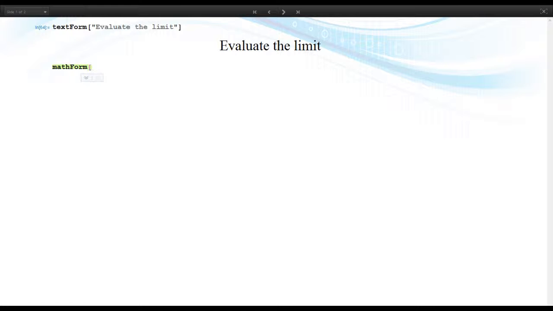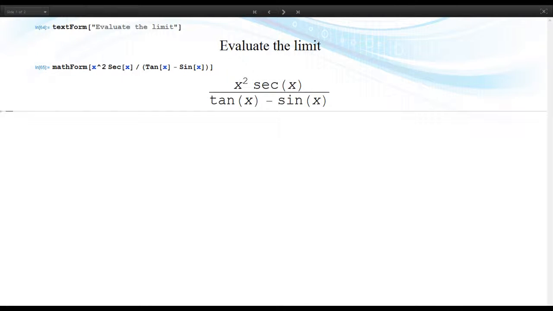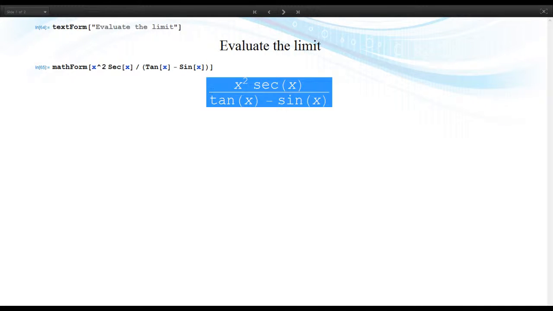Our limit is the limit as x goes to 0 of x squared secant of x divided by tangent of x minus sine of x. There we go. So we're going to take the limit of this expression as x goes to 0.